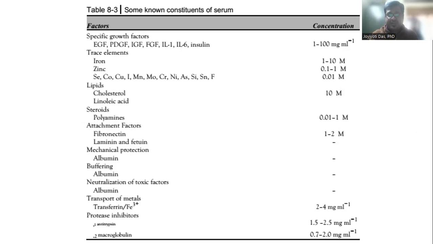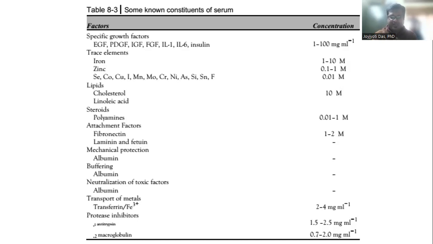It has trace elements, which are all important elements in cell systems. It has lipids, steroids, attachment factors, which are the most important, and it also has some proteins which help in transport of ions. Finally, serum also contains protease inhibitors, which are important for neutralization of trypsin.